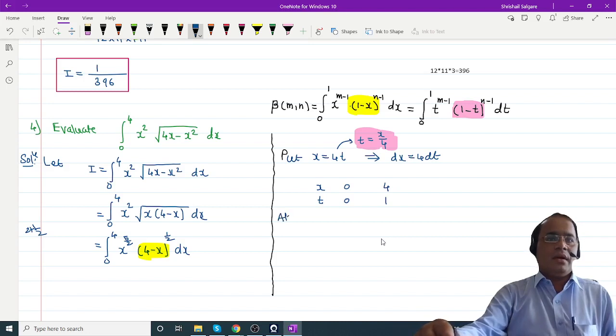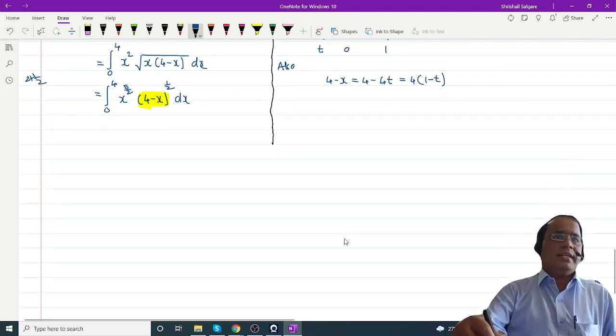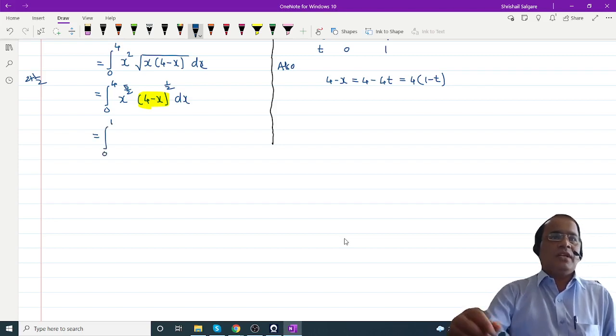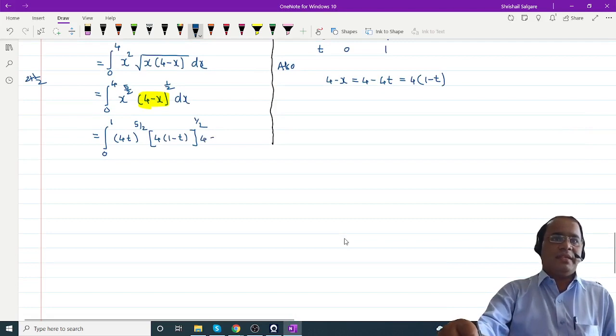And this 4 minus x factor can be simplified as 4 minus 4t, and it comes as 4 into 1 minus t. Therefore, this integral can be simplified with new limits from 0 to 1, where the value of x is 4t, its power raised to 5 by 2, and 4 minus x is 4 into 1 minus t raised to 1 by 2, and dx is nothing but 4 times dt.